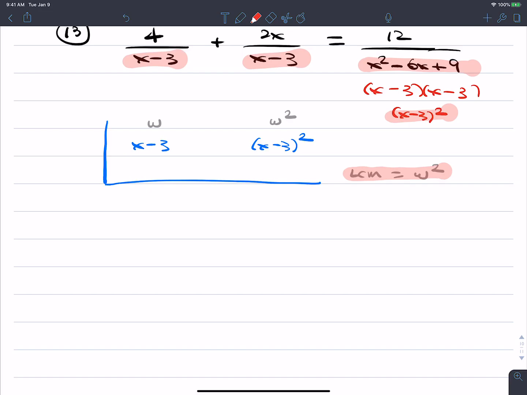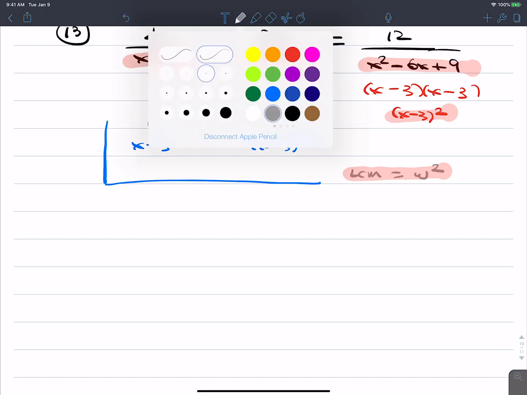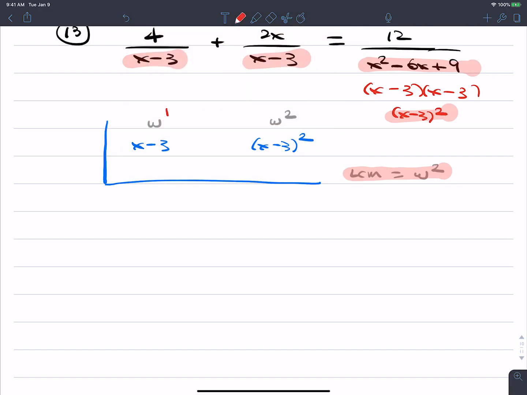What did I use to deduce this? Didn't I use the fact that it's always going to be the variable to the highest power? What's higher, 1 or 2? 2. Does that make some sense? So I can do it that way. Good, we covered that.